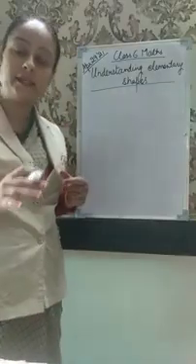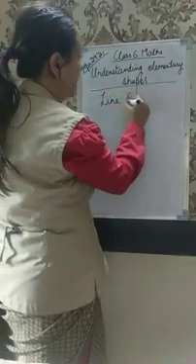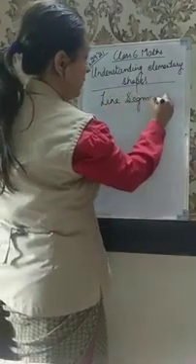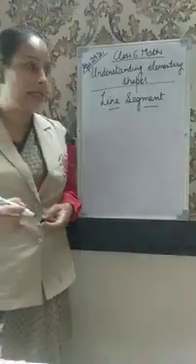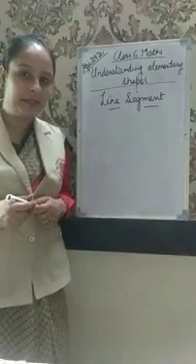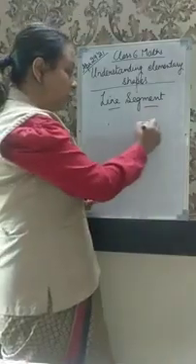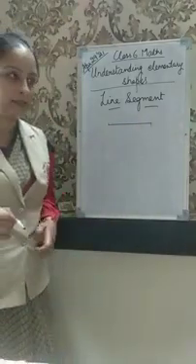So the very first, the basic elementary shape is a line segment, right? We all know what a line segment is. Yes, it is the shortest distance between two given points, right?